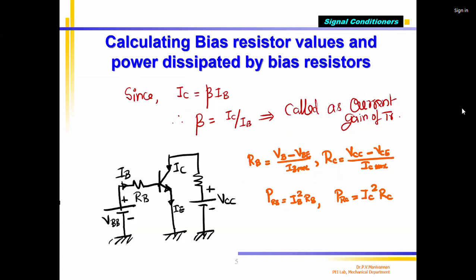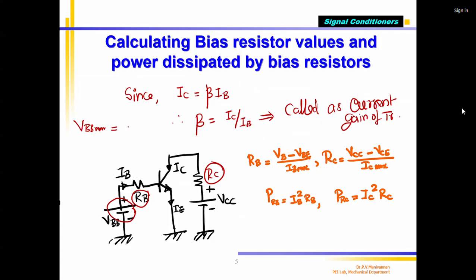Now another thing. Designing this is called designing the transistor amplifier. Next step is how will you find out what should be this RB, what should be this RC for a given transistor? That is very simple. If a transistor is given, VBB max will be given. Important parameter of the transistor: VBB, what is the maximum voltage?